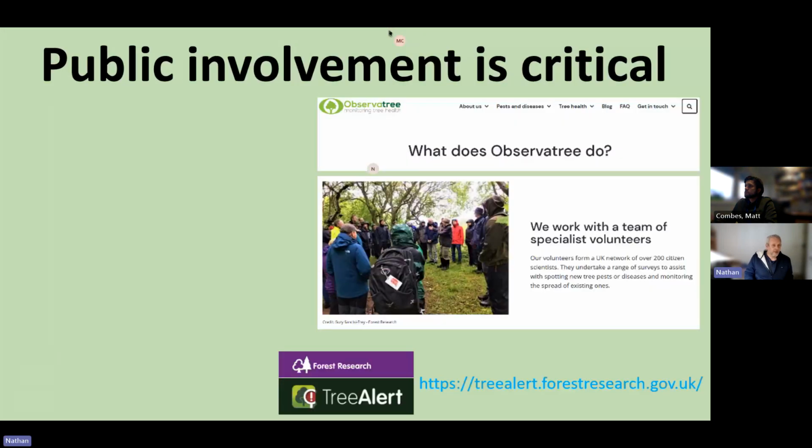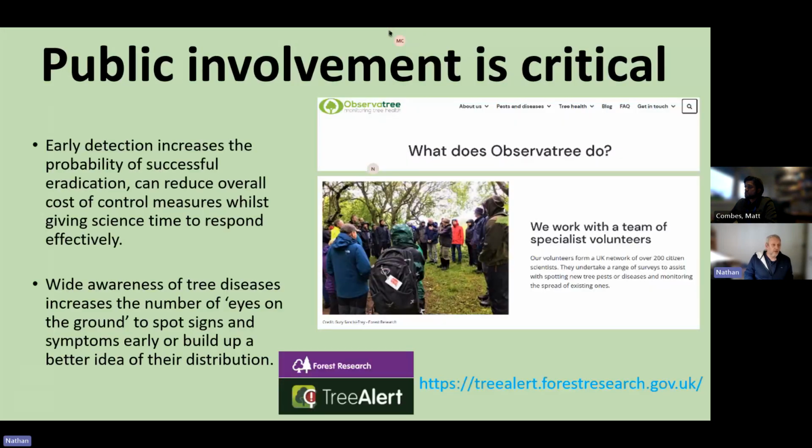In both these cases, public involvement is really important. If we want to find new things that are arriving before they cause large-scale problems, early detection really helps. If we can spot it quickly, we can potentially eradicate them, and it gives us a really good chance of control if we can find new species shortly after they arrive.